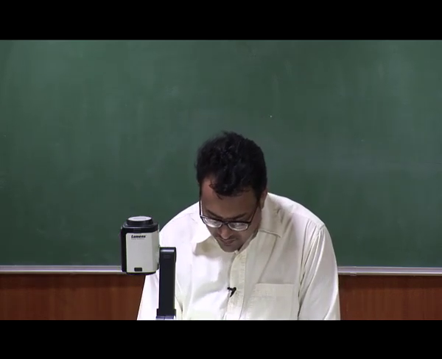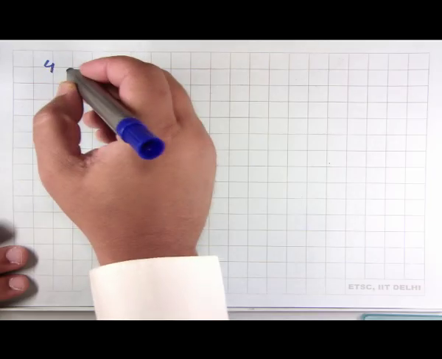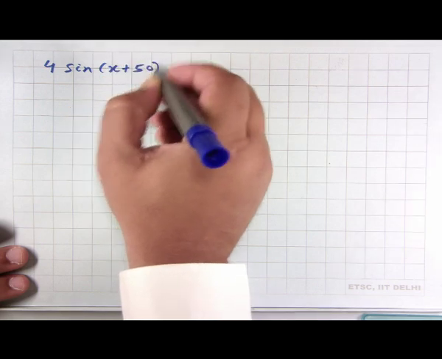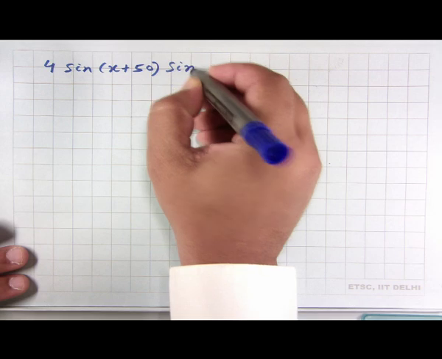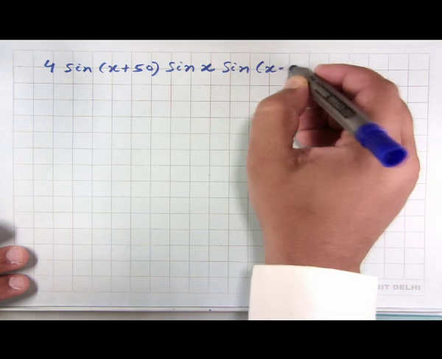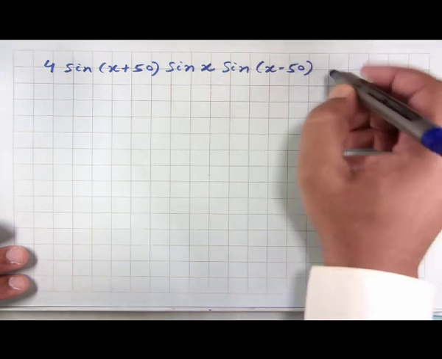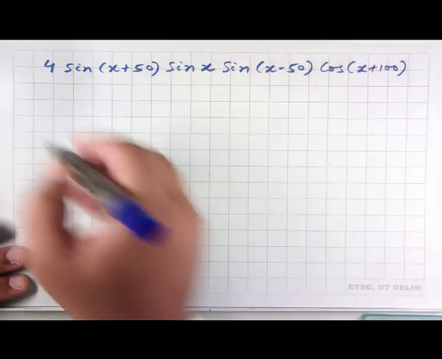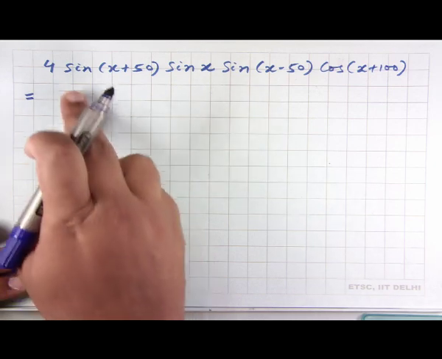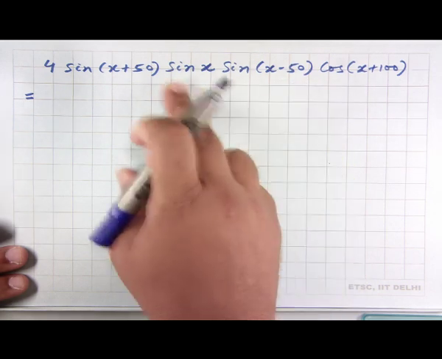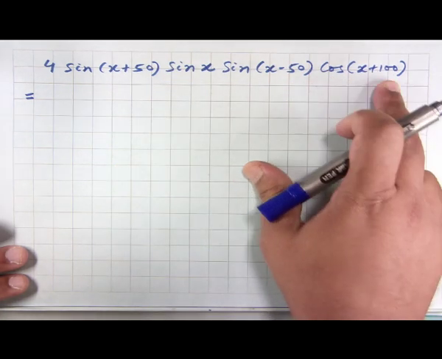So on the right hand side we had 4 into sine x plus 50 times sine x minus 50 times sine x times cos of x plus 100, and here we will combine sin x plus 50 with sin x minus 50 and sin x with cos x plus 100.